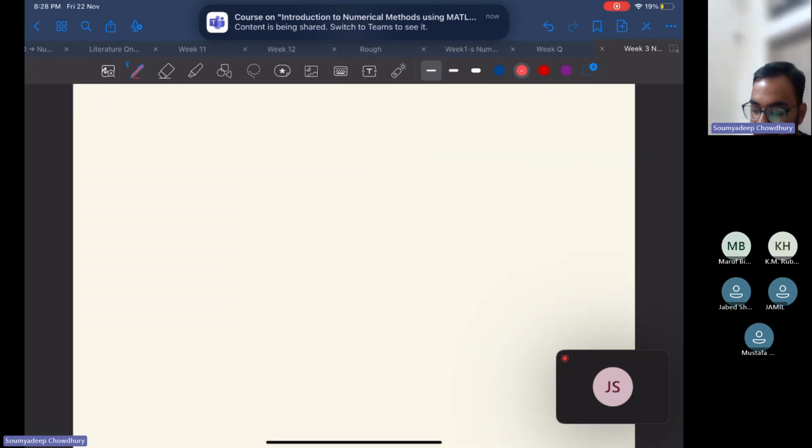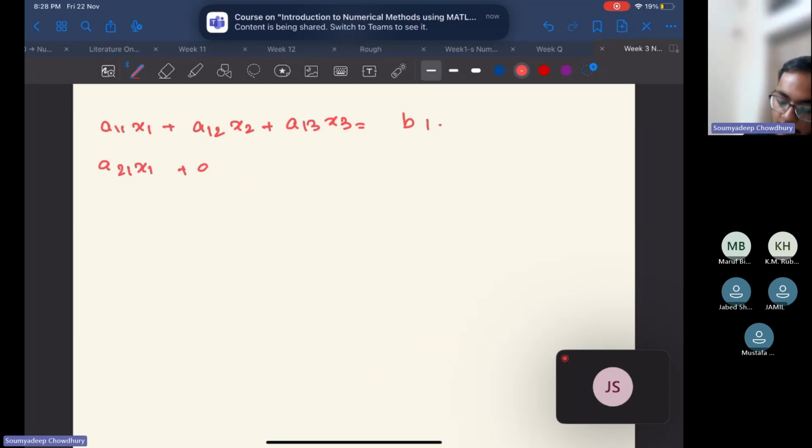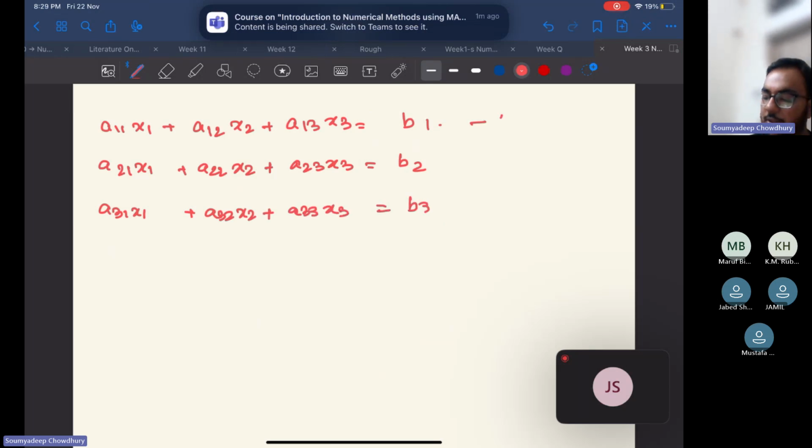So it is A11x1 plus A12x2 plus A13x3 equals B1. Similarly, A21x1 plus A22x2 plus A23x3 equals B2. A31x1 plus A32x2 plus A33x3 equals B3. So from the first equation, we are trying to find out x1, right?